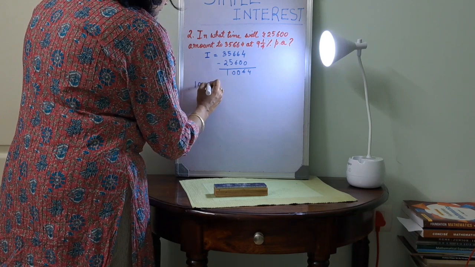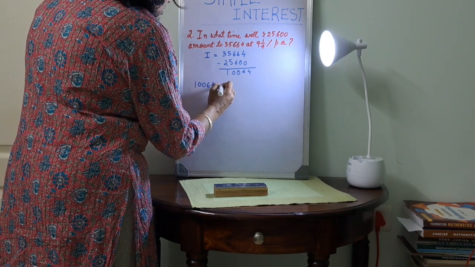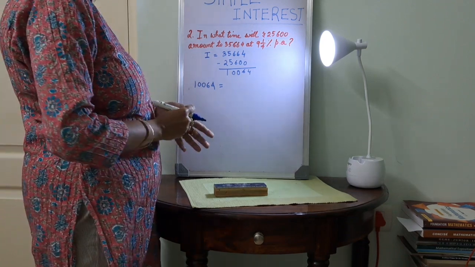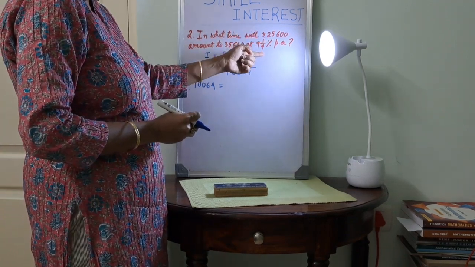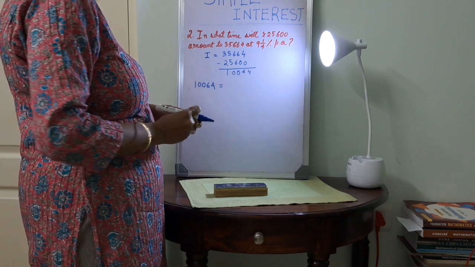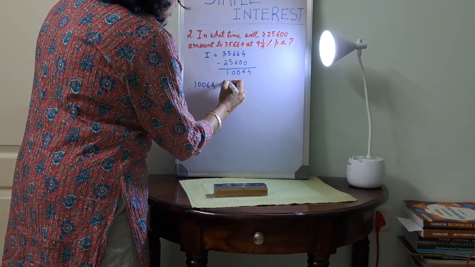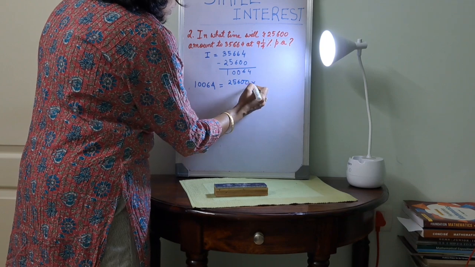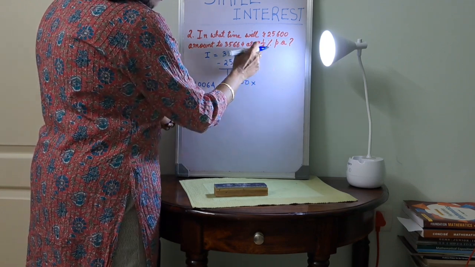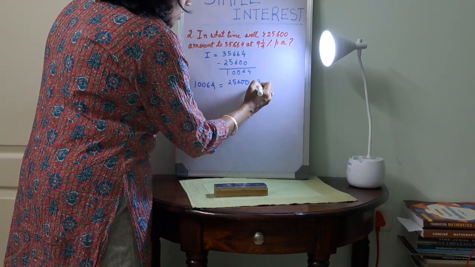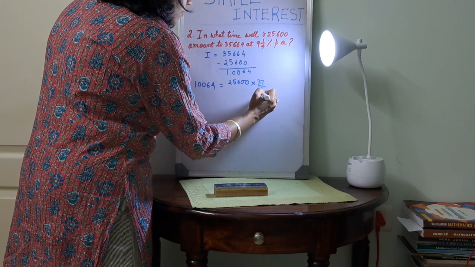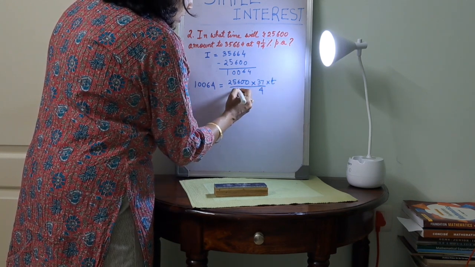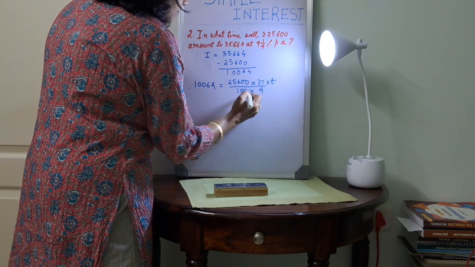So now that we know the interest, we can use the formula I equal to PRT, because we know the principal, we know the R, we can find the T. So principal is 25600 into R is 37 by 4 into T, we have to find T, divided by 100.